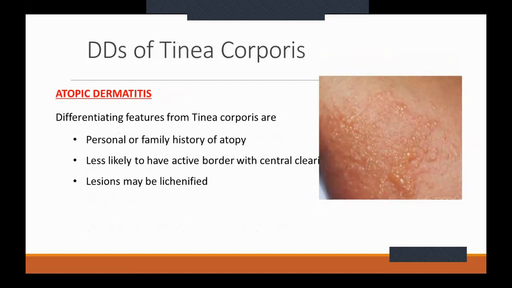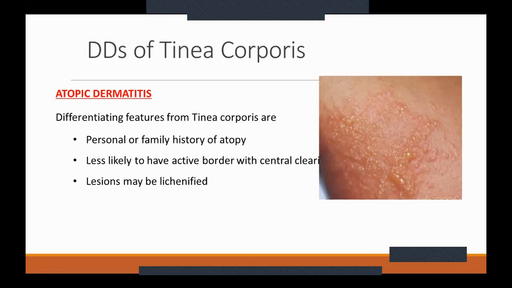Coming to the next condition, atopic dermatitis. Atopic dermatitis presents with vesicles or blisters on the affected area, a pruritic patch, and it mostly involves the younger age group like children, though it might also involve adults or later ages.